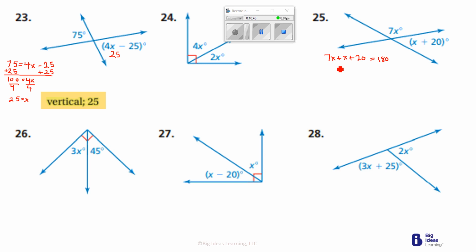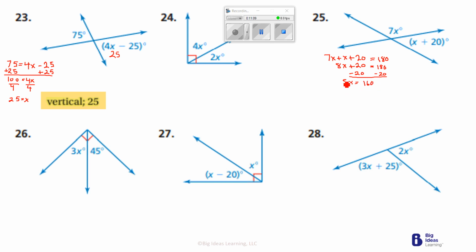Now, when I do this, I'm going to realize that I have 8x over here. And I also have to subtract 20 from this side in order to isolate that x. Whatever I subtract from one side, subtract from the other. Now I have 8x is going to be equal to 160.